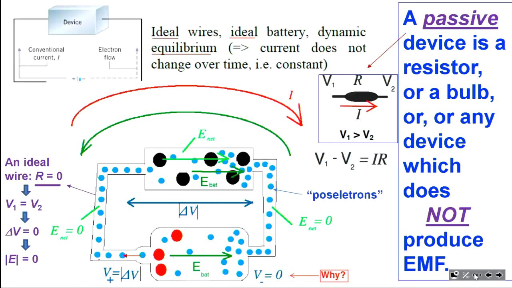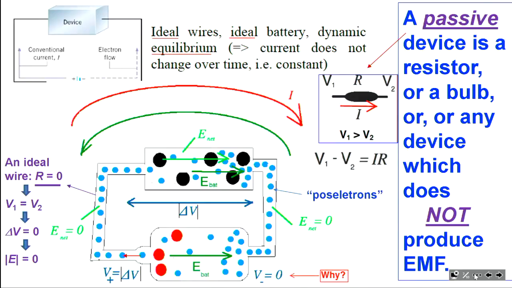And we know delta V over d is the electric field. That electric field propels the electrons. But again, net force will be 0. There's force due to resistance, force due to electric field. So electrons or positrons still travel with constant velocity.